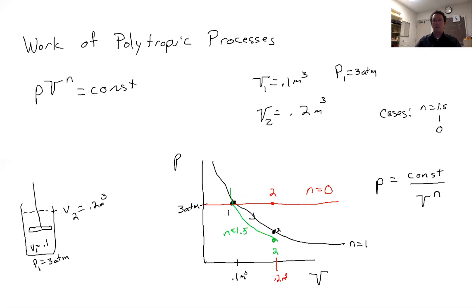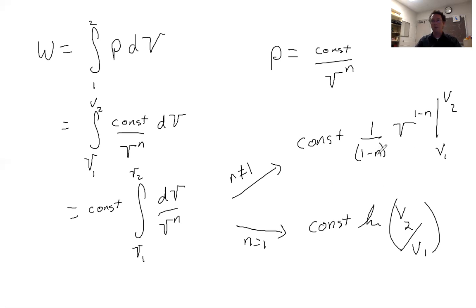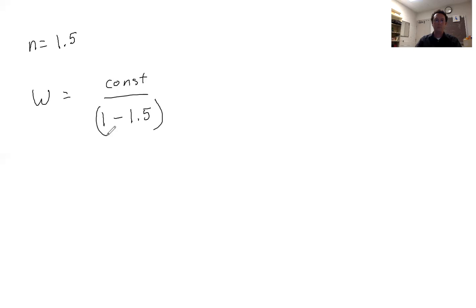My formula says that the work is the constant over 1 minus 1.5, and then I would have V raised to the power of 1 minus 1.5.